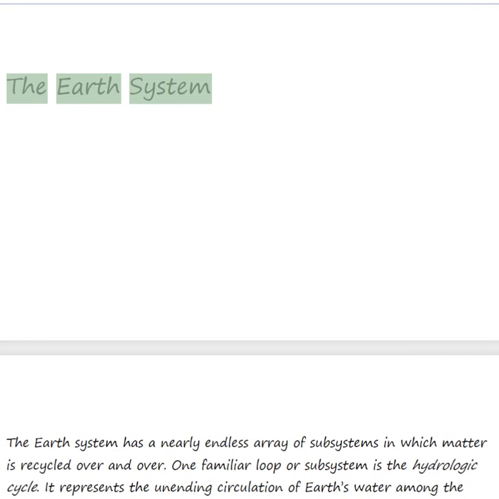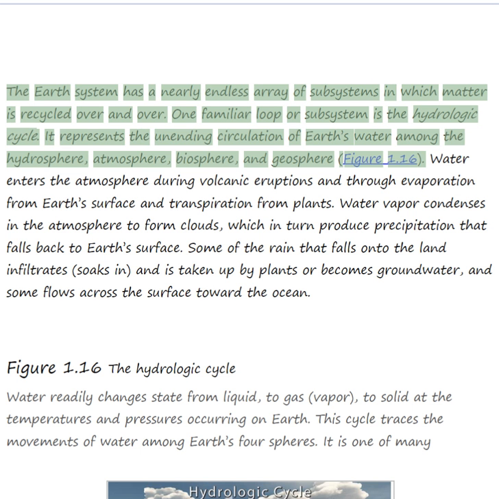The Earth System. The Earth system has a nearly endless array of subsystems in which matter is recycled over and over. One familiar loop or subsystem is the hydrologic cycle. It represents the unending circulation of Earth's water among the hydrosphere, atmosphere, biosphere, and geosphere.